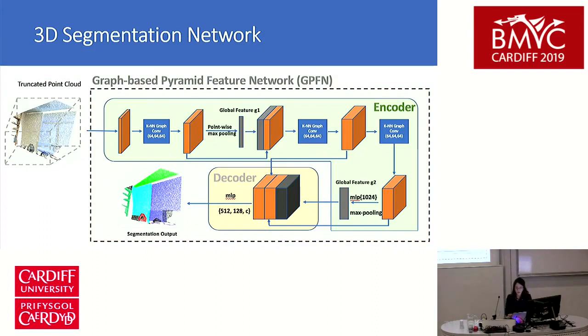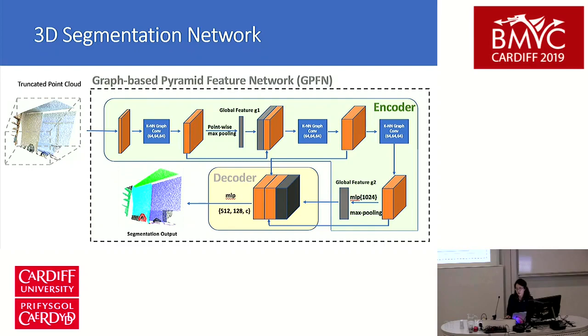We first use the GPFN to get the 3D segmentation result, and then we project the segmentation result to the 2D plane, and we calculate the loss using the 2D ground truth and the projected segmentation result. So it means you have the label of 2D image. Yes.